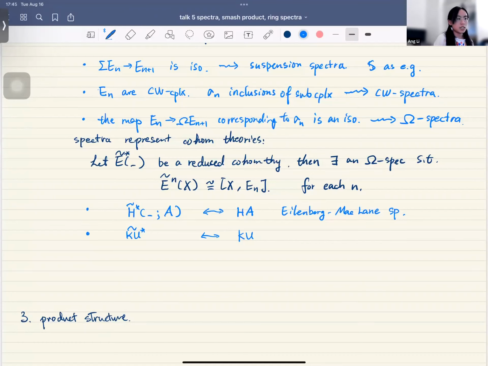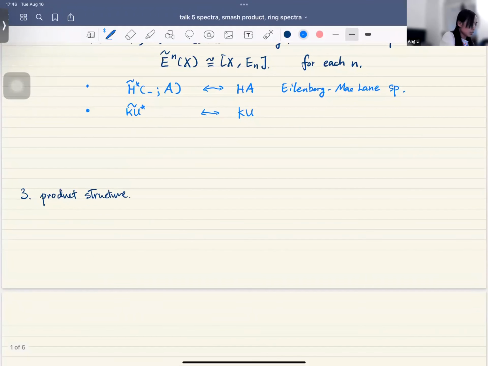But it's still a strong connection already. So for cohomology, we have some kind of product structure, as you can already see in the corner here, like the cup product, and we may expect that to also show up in spectra. So let's talk about that.